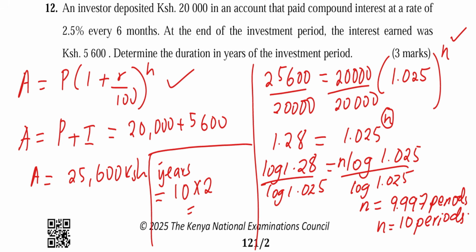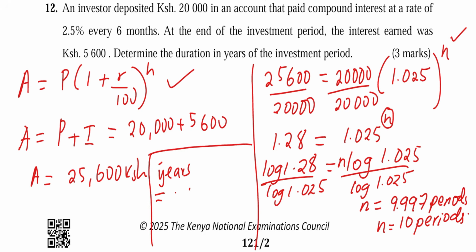No. Kwa mwaka, we know that 2 periods is for 1 year, right? So 10 periods is for how many years? So you're supposed to take 10 divided by 2, tamam, and not 10 times 2. Otherwise ingekuwa ni wrong answer.